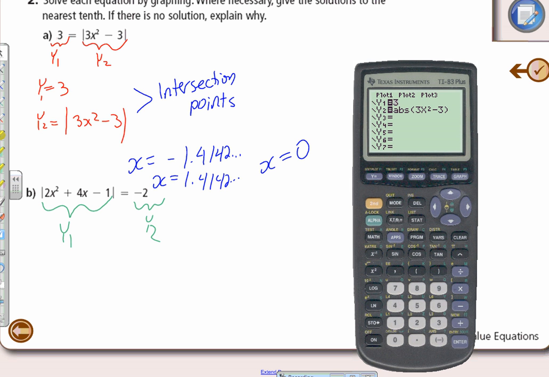Move the graphs out. y1 is the absolute value of 2x squared plus 4x minus 1. And the second one is negative 2. Graph those.